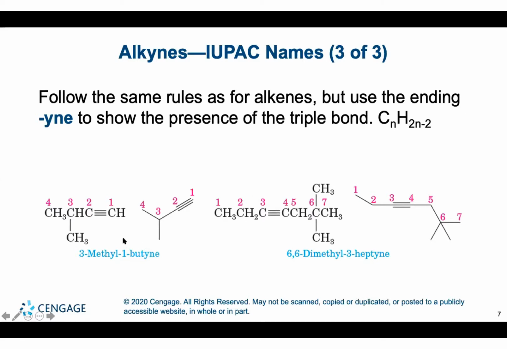Here the same because my branch is in the carbon number 3. I put 3-methyl and it's gonna be 1-butyne. Again, if you see in other books that when there is a triple bond in carbon 1, they don't put 1, it is completely fine.